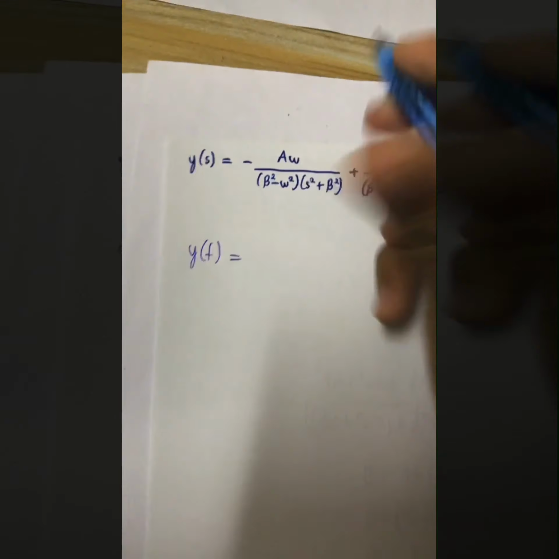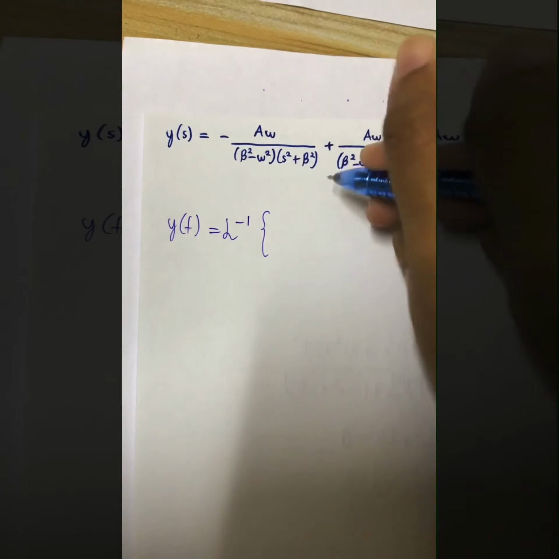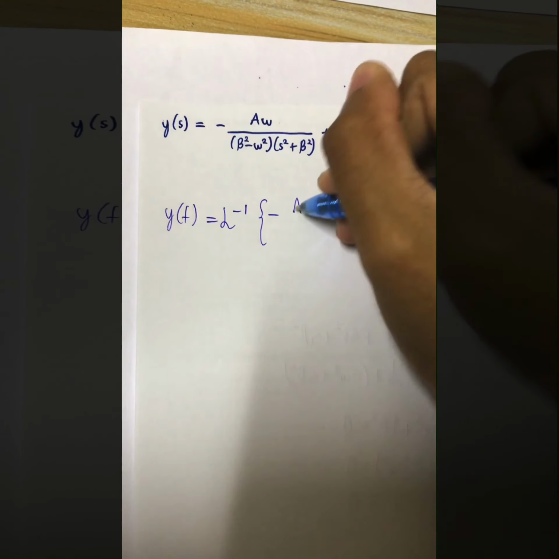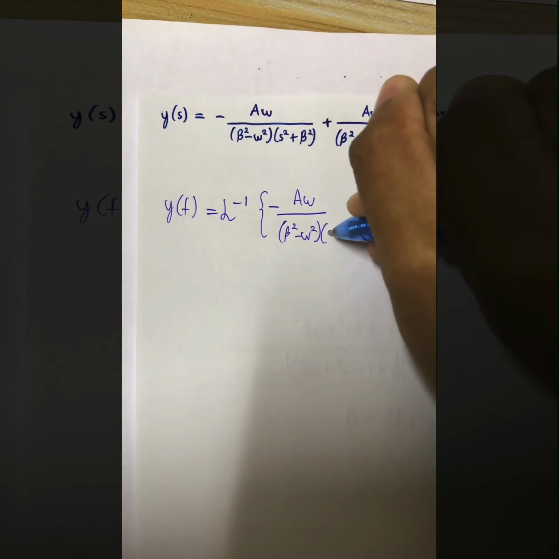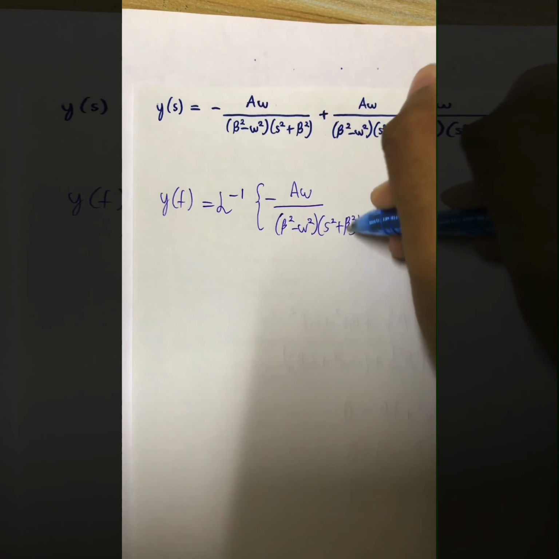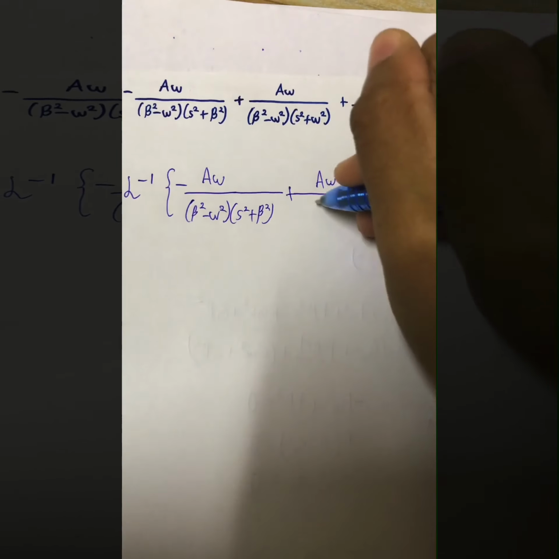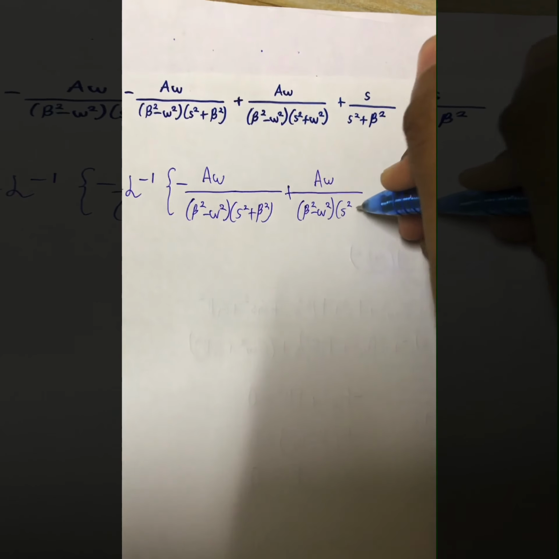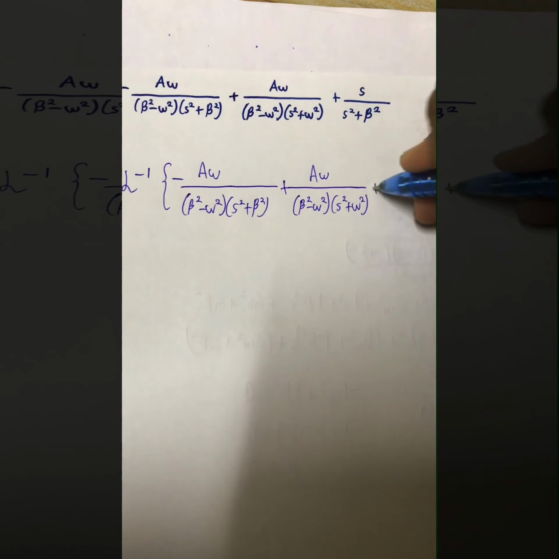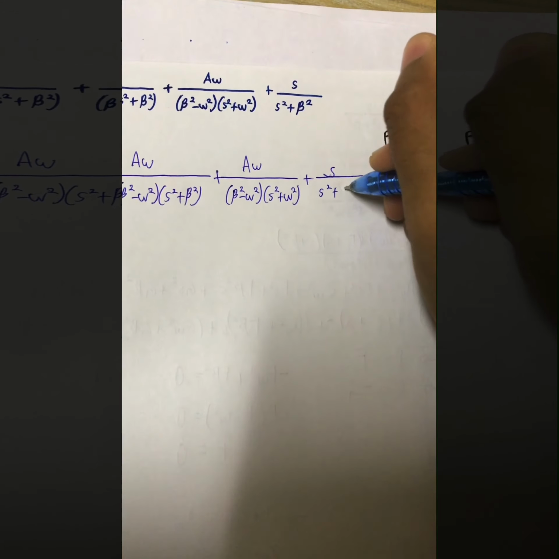We want to find our y of t, which is the inverse Laplace transform of this Y of s, where Y of s is minus a omega over beta square minus omega square times s square plus beta square, plus a omega over beta square minus omega square times s square plus omega square, plus s over s square plus omega square.